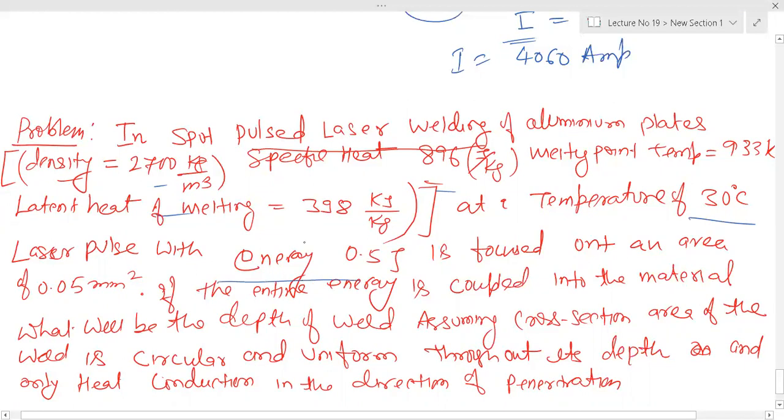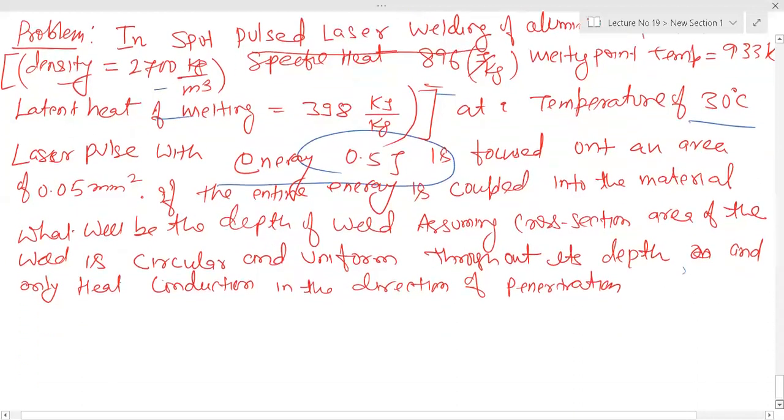A laser pulse with pulse energy given is focused onto an area of 0.05 millimeter square. This means 0.5 joule of energy is focused on this area.